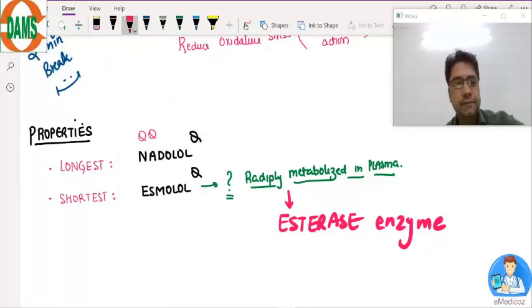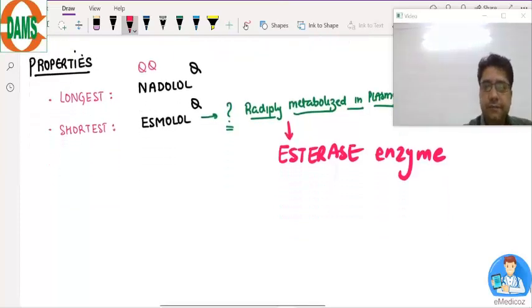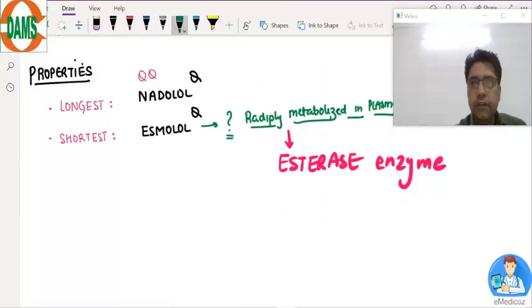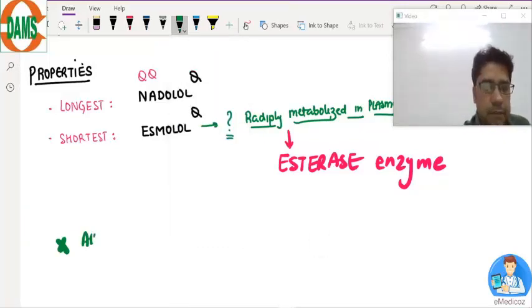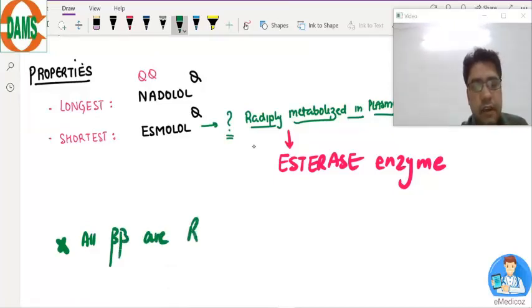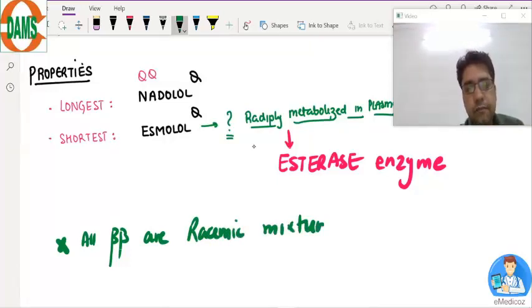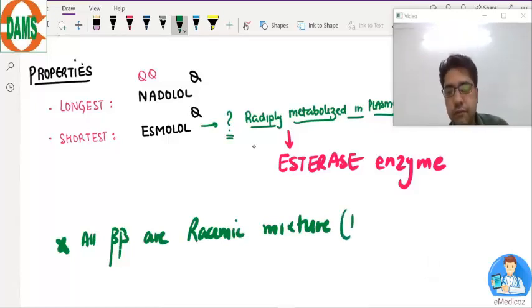Now let's move ahead. Second point we will write that all beta blockers are a racemic mixture of R form plus S form.